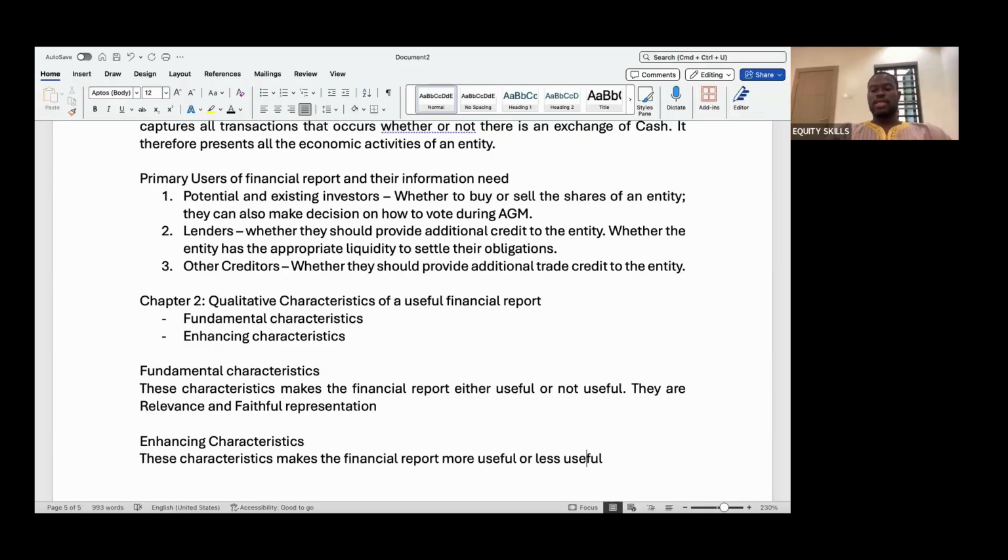Meaning that if it has these characteristics, it's still useful, but it will be more useful.